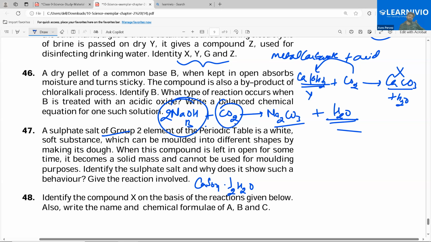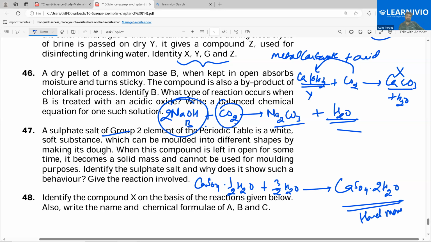Aisha, why does it become a solid mass in open air? It absorbs moisture, the molecules increase and form CaSO4 crystallization. Then it forms gypsum, which is a hard mass substance.